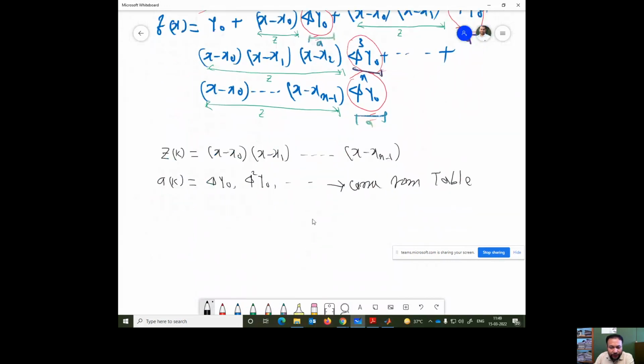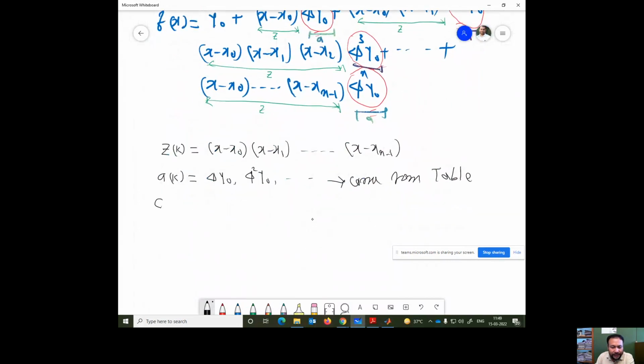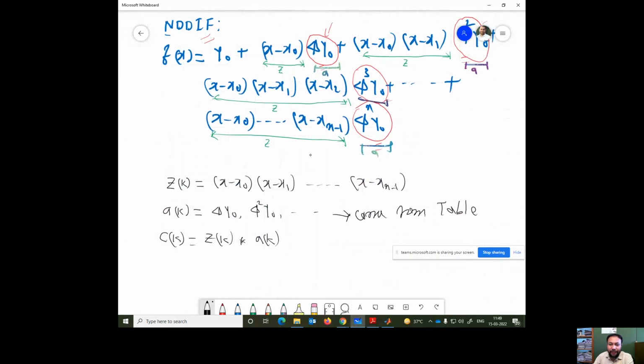Now let us define another variable ck. Suppose this is the product of zk and ak. Why is it so? Look here. Ultimately, if I get the value of z and the value of a, I have to multiply them.